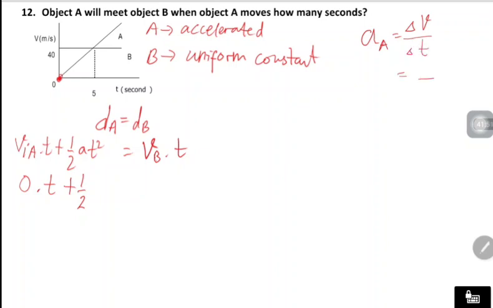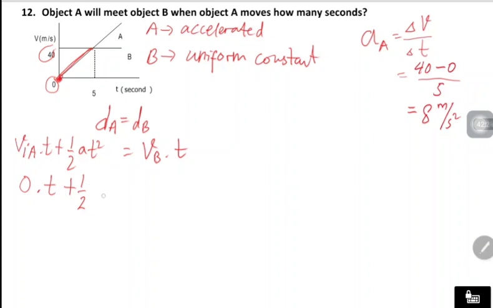We can see that the velocity of object A changes from 0 to 40 in 5 seconds, so 40 minus 0 divided by 5. We get the value 8 meters per second squared.